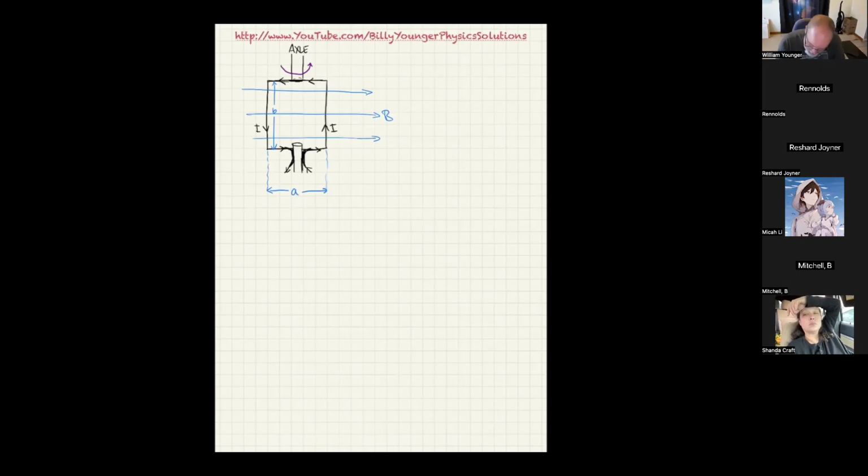We're only going to care really about the magnetic field in this little boxed area.